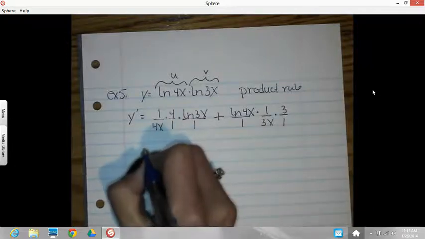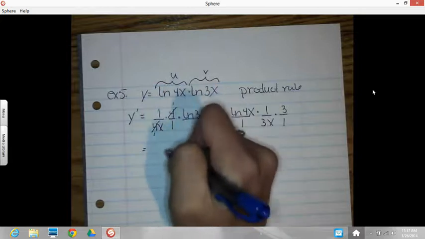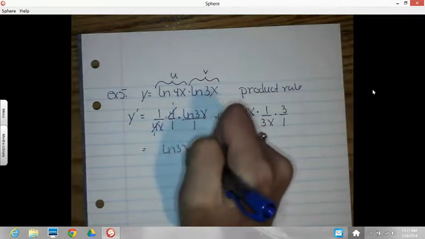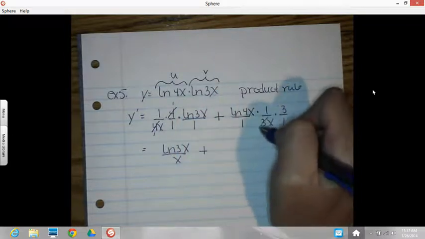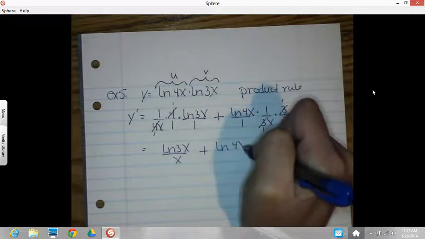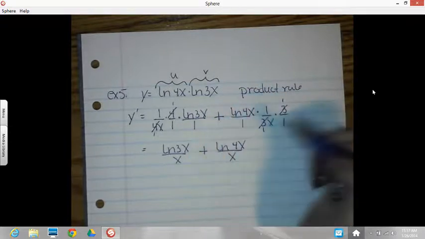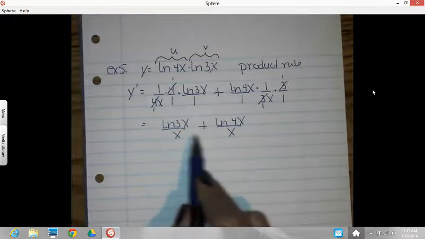So now simplifying, 4's cancel here. I get natural log of 3x all over x plus, 3's cancel here, natural log of 4x all over x. Can I simplify this? Yes, it's 2 fractions with a common denominator.